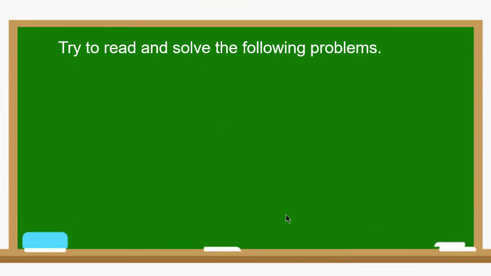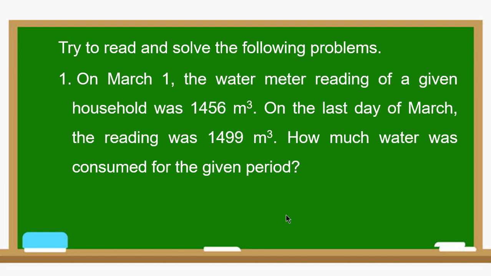Try to read and solve the following problems. Number 1. On March 1, the water meter reading of a given household was 1,456 meter cube. On the last day of March, the reading was 1,499 meter cube.